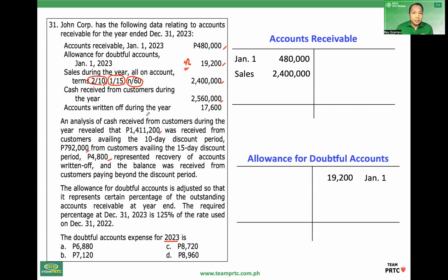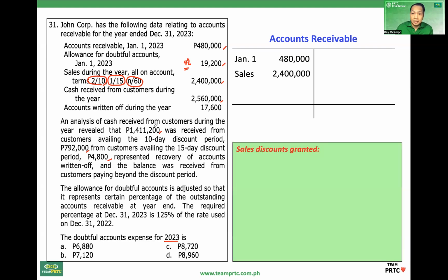So, first, let's compute the sales discounts granted. Collection within 10 days, this is 98%. So, the amount collected within 10 days, divide mo ng 0.98, times 2%.